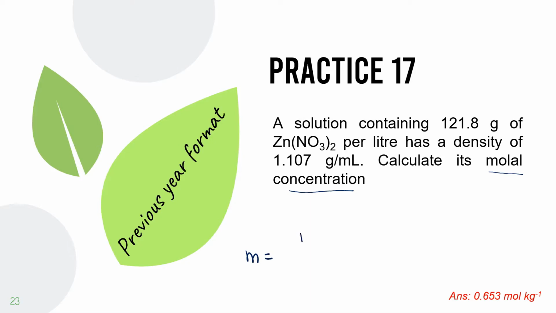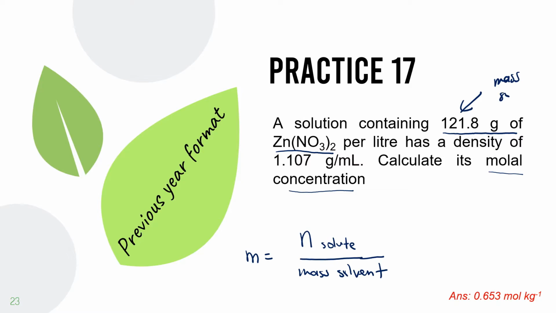The formula will be n of solute over mass of the solvent. From the information given, we have 1 to 1.8 gram of zinc nitrate. So this is actually the mass of solute. By knowing the mass of solute, definitely you can find its number of mole. So in this case, we have found out the n of solute.